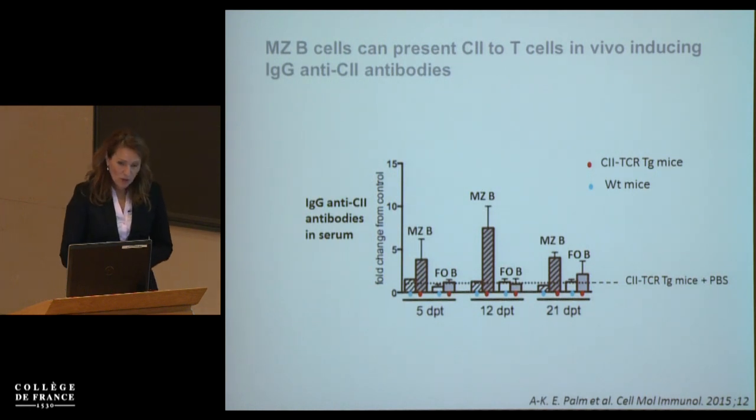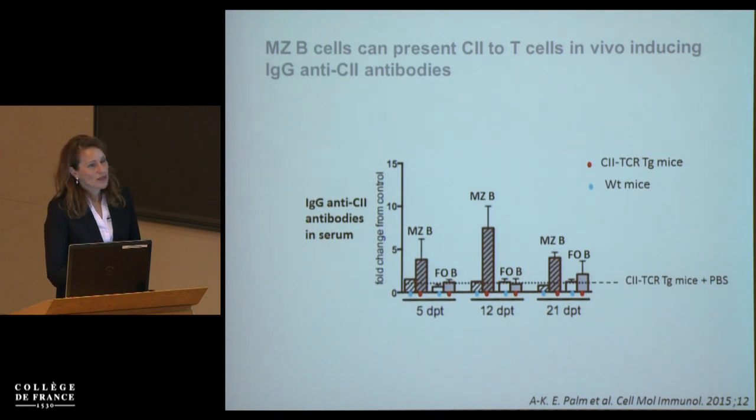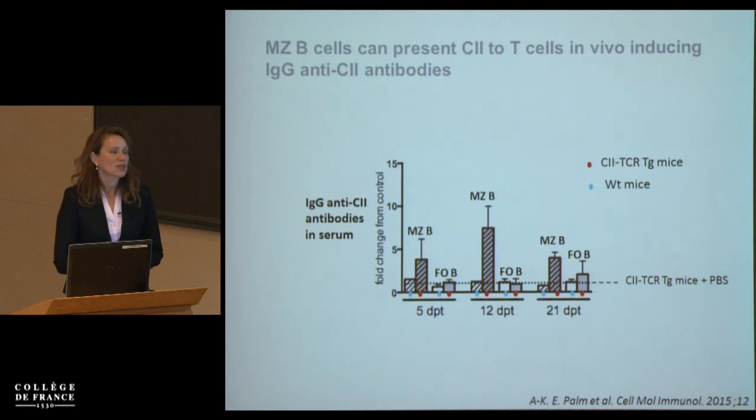And then we wanted to know also whether they can present antigen in vivo, that is within the animal. So this is where we took cells. It was either Marginal zone B cells or follicular B cells, and they came from mice that had been immunized with collagen. So these are then collagen-primed cells.